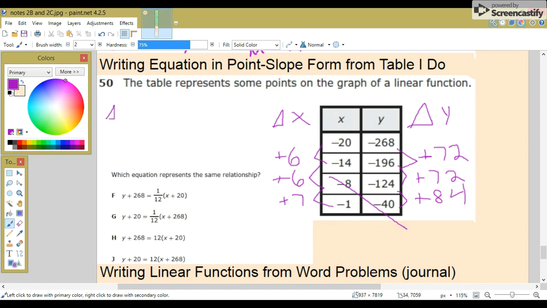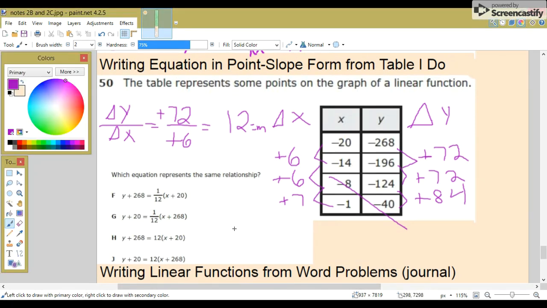So our change in y over our change in x is equal to positive 72 over positive 6. 72 divided by 6 is 12. That's your slope m.